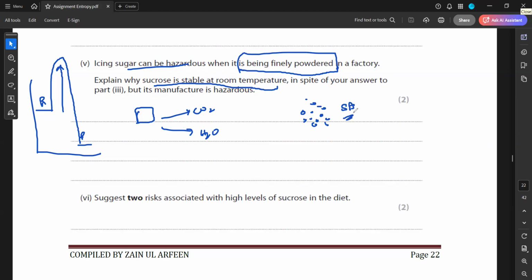Large surface area increases the rate of the reaction. So maybe one particle, if it starts the reaction, will release energy and all the particles will gain the energy which is released, and it will start a chain reaction. But when it is a large piece, it has to change whole by itself. So that's why the large piece is not hazardous, but the finely powdered form is, because it can easily catch fire because of a large surface area.